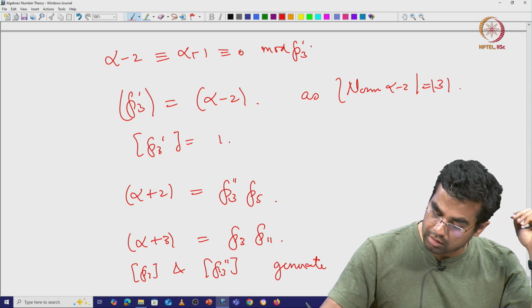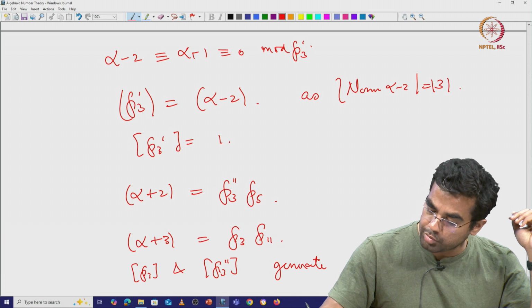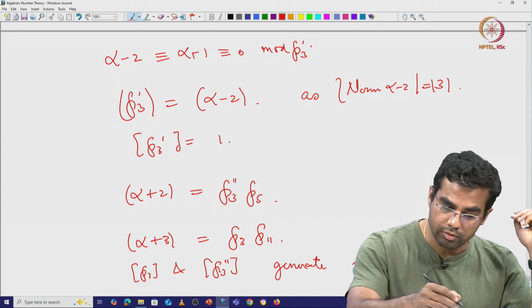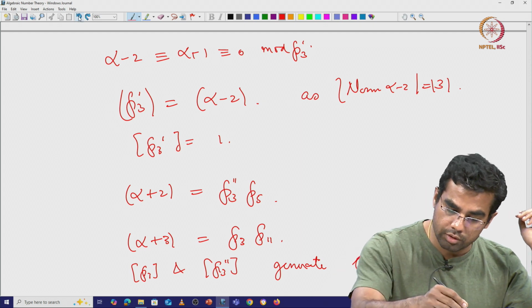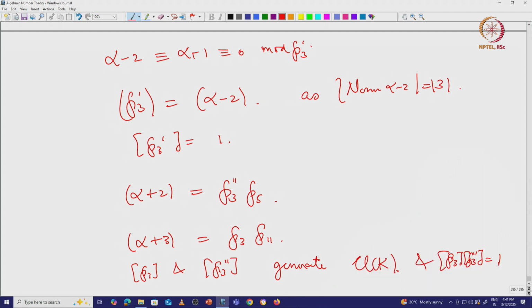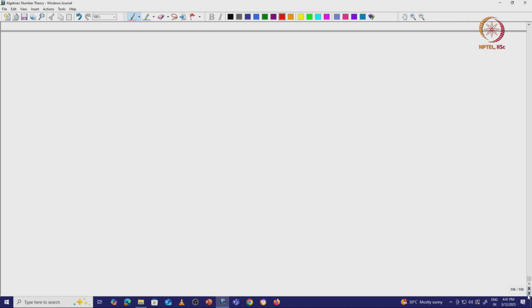And we know that P3 and P3 double prime is also 1, because when you take the product with P2 prime P3 prime, then you get the ideal generated by 3, and so this is also 1, which means that CL of K is generated by P3, that is how the numberings are rigged.